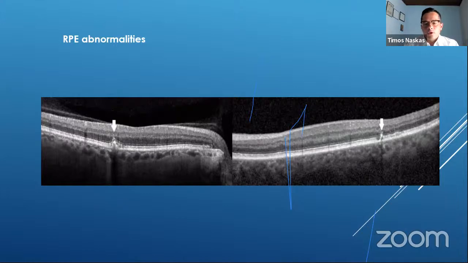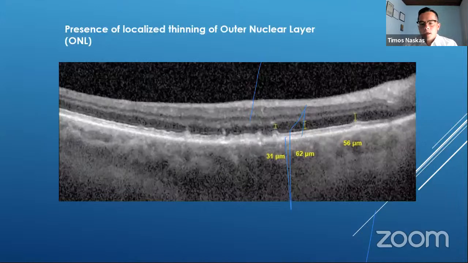Another thing we took into account was the thickness of the outer nuclear layer. Of course, whenever you have material pushing through, the outer nuclear layer is getting thinner and thinner, as I've pointed out with some measurements here. Whenever there's material, like a druse in this case, the nuclear layer becomes thinner compared to material-free areas.